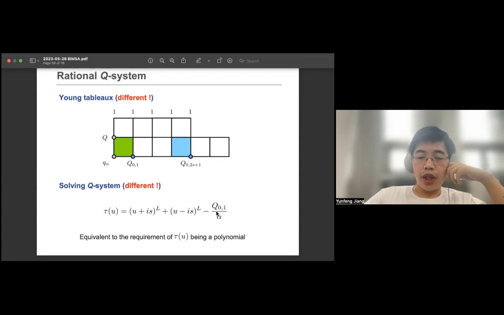Requiring Q01 divided by alpha to be a polynomial is the same as requiring tau u to be a polynomial. So this is the main difference. And in the spin 1/2 case, this alpha is trivial. This alpha is just 1, so you don't see it. That's why you don't distinguish the first node from the rest.